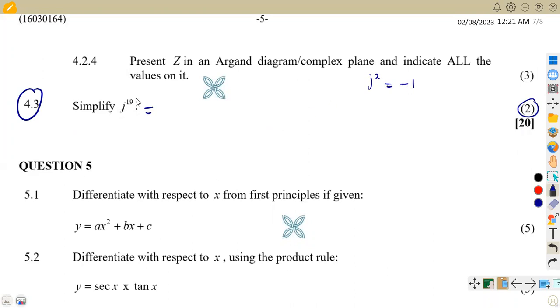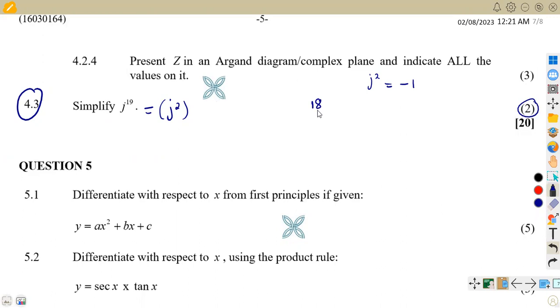So in this case, j to the exponent of 19 is the same as j squared to the exponent of 18, which is the even number that we have. Sorry for that, it's supposed to be the number before 19, which is 18.